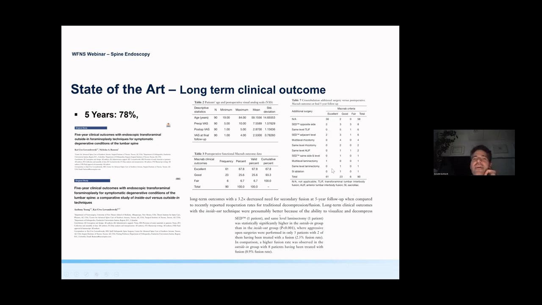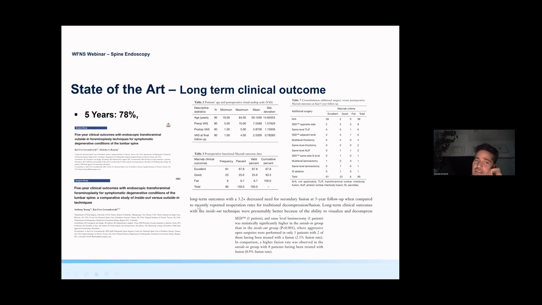If patients had not an excellent outcome in the beginning, they were associated with higher rates of reoperations or surgical procedures at other levels.